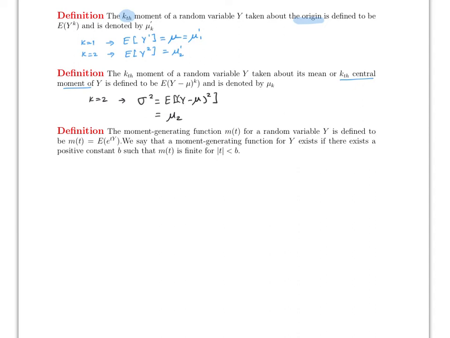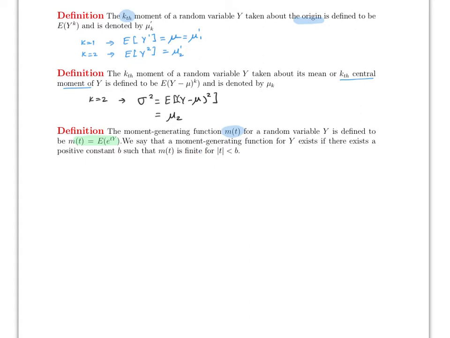All right, so now let's go to the last definition of this section, which is the main thing. The moment generating function m of t. So this function, like the name suggests, is going to be used to generate moments. It is defined to be this. So the moment generating function for a random variable y is defined to be this, and as long as the expected value is finite, then this exists.